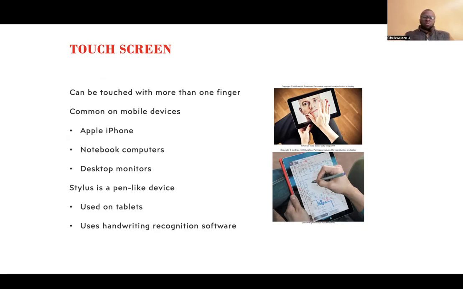It is commonly seen on mobile devices, mobile gadgets like your iPad, your notebook computers, desktop, and then your stylus, using the second picture under. And these are all kinds of touch screen, and they're all part of input devices.